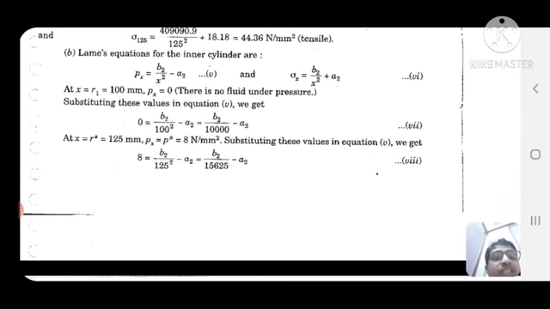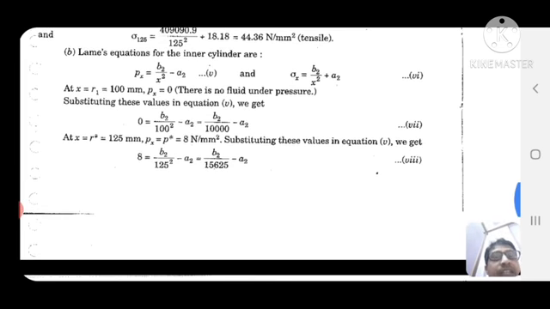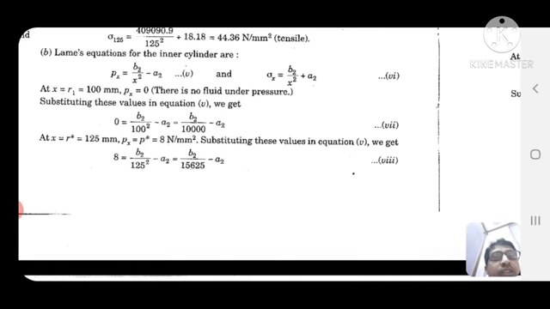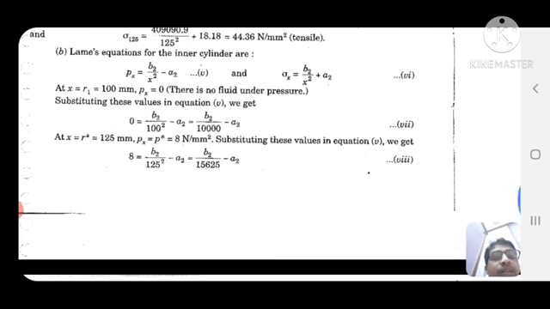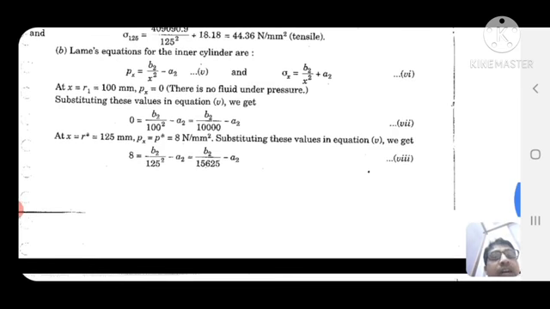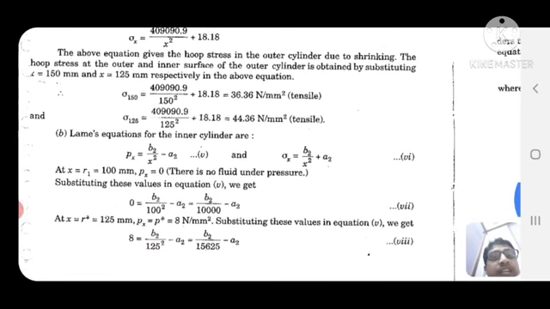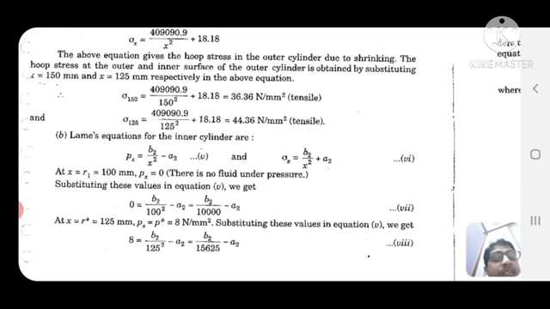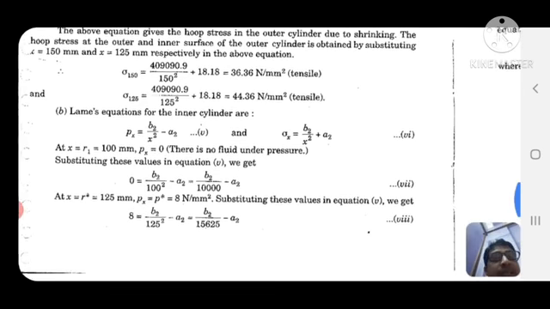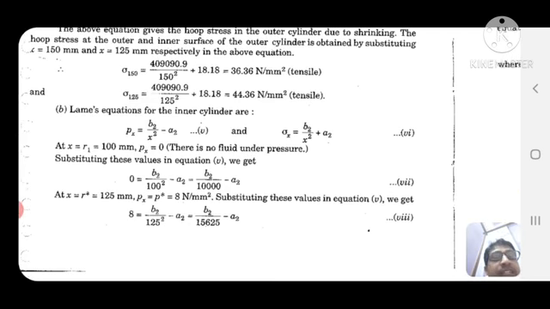Substituting these values in the equation, we get 0 equal to b2 by 100 square minus a2, so b2 by 10000 minus a2. At x equal to r star, that is 125 millimeter, Px equal to P star, that is equal to 8 Newton per millimeter square. Substituting these values, 8 is equal to B2 by 125 square minus A2, so B2 by 15625 minus A2.